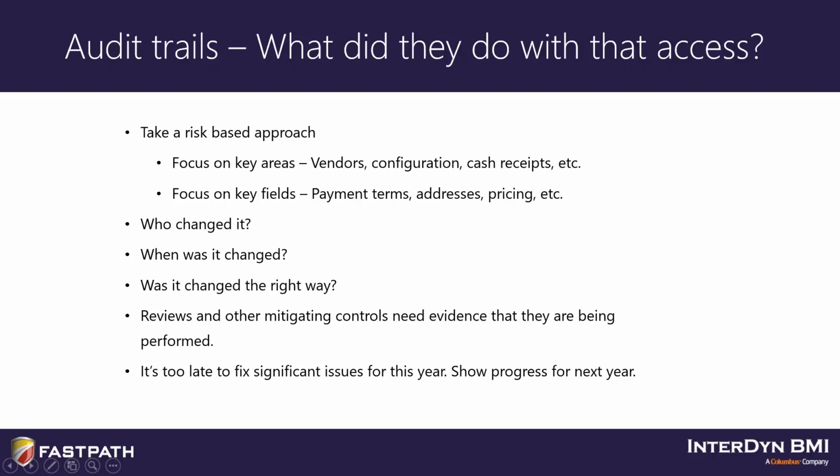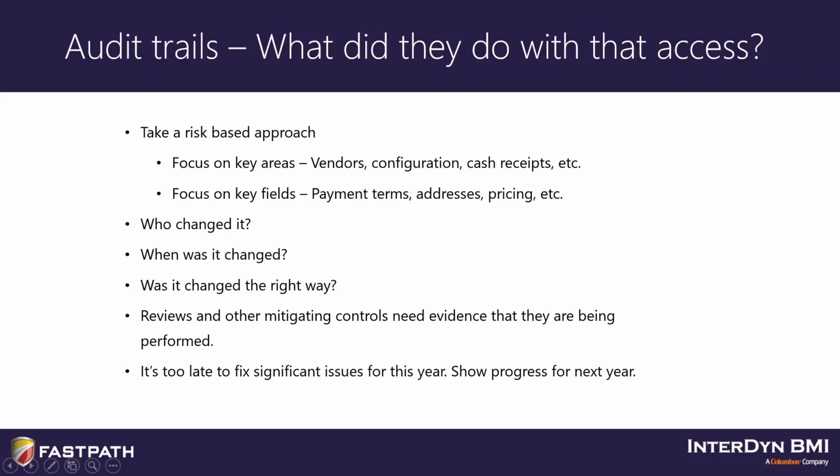And for any audit trail product, the questions that you need to have that audit trail tool answer are: who changed it, when was it changed, was it changed the right way? So was it changed by somebody who should have changed it? Was it something that should have been changed? For example, if you're changing a payment term, was it appropriate? If you're changing a credit limit, did you have the authorization to change it?